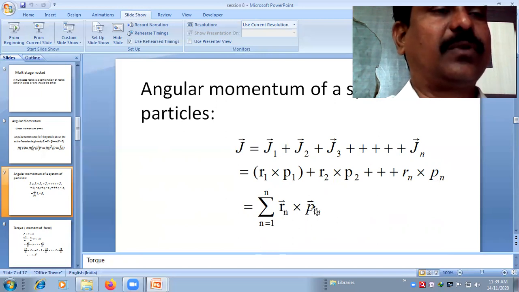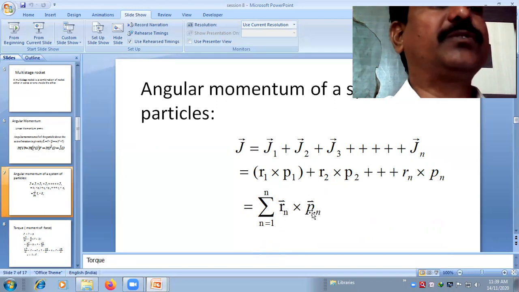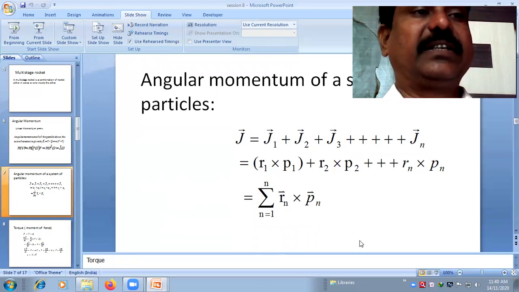Then only it becomes right. So this gives the total angular momentum of the system of particles.